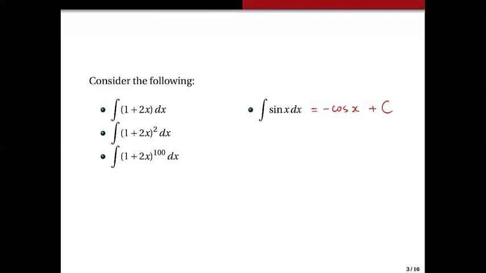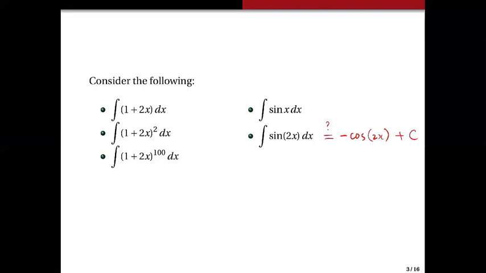But what if we have sine 2x instead of just sine x? Is it equal to just negative cosine 2x plus c?